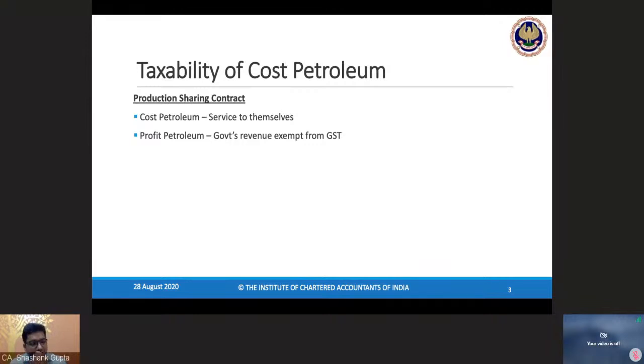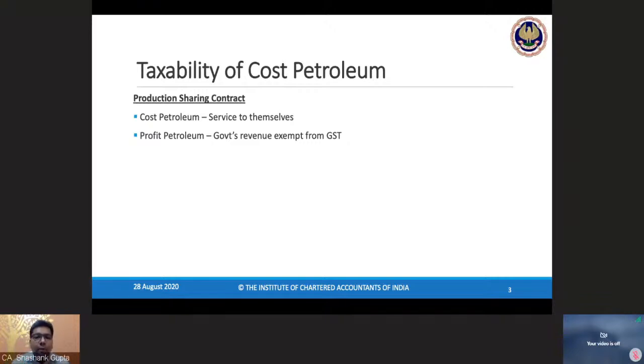Here, what the government does is identify a possibility that this is an area where, according to their study, there could be natural reserves such as oil or petroleum. Then bids are invited.